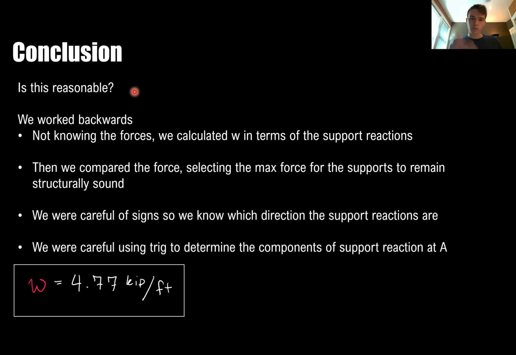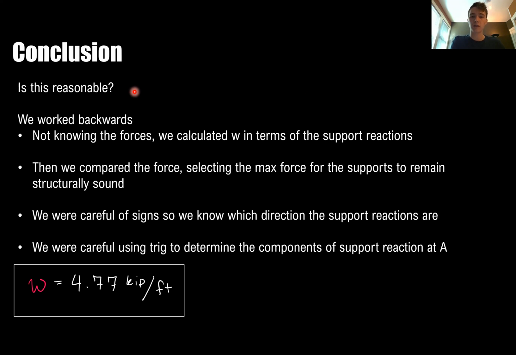And so how did we get to this answer? Well, we worked backwards. We didn't know the forces, and we calculated W in terms of the support reactions. Then we compared the support reactions to each other using the maximum supporting loads that would remain structurally sound.